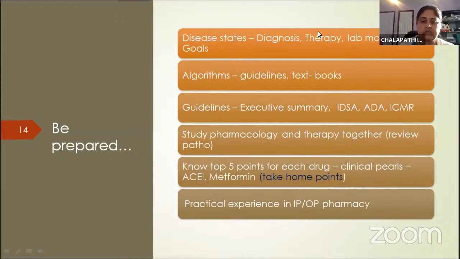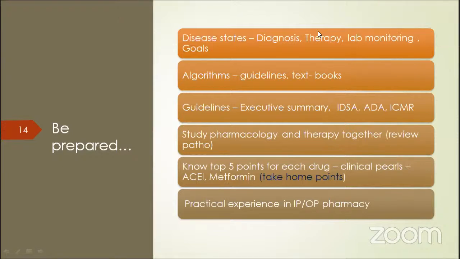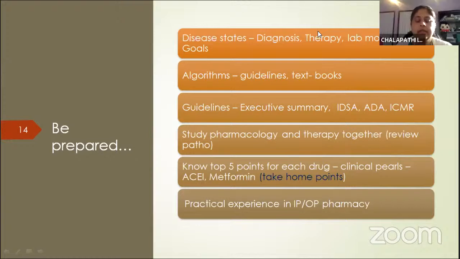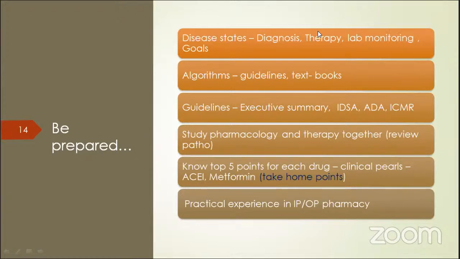So every drug, say for example, metformin. Can anyone talk about metformin? Causes weight gain, vitamin B12 deficiency. Okay, then? It is an antidiabetic. Causes renal impairment.